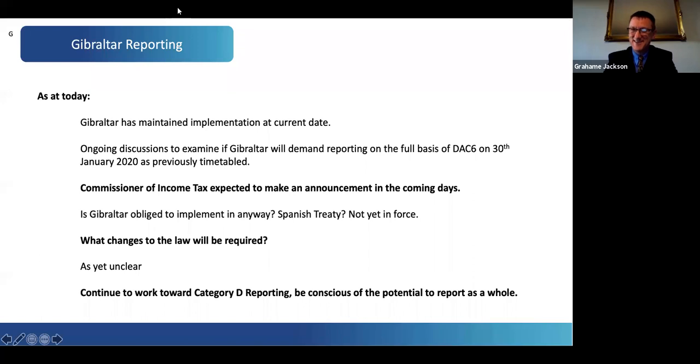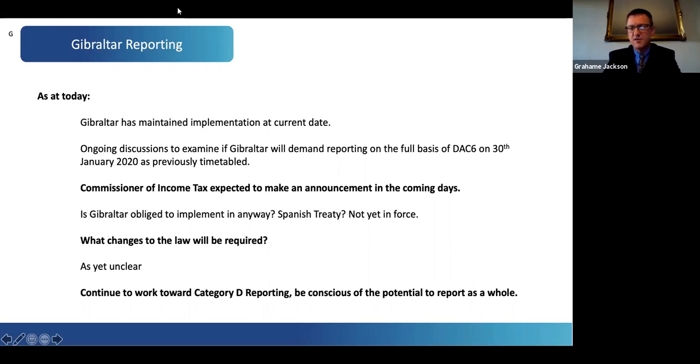Right, yes. So Gibraltar implemented DAC6 on time, or slightly 30 days late, much earlier than many other countries in the EU. And we were full steam ahead for implementation by either the 30th or the 31st of January, depending on how you read the extension.